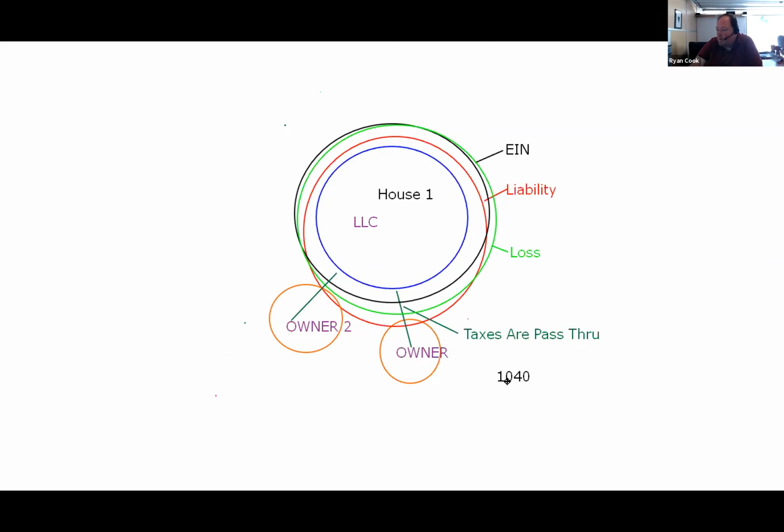Now, what happened to this? We know it can't be a 1040. 1065. There you go. If there's more than one member, if there's 2 members or more, and they don't declare that it's a corporation, if they don't declare some special corporation for it, it automatically defaults to this LLC.